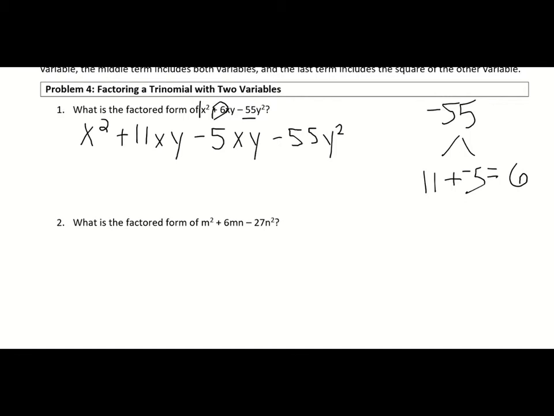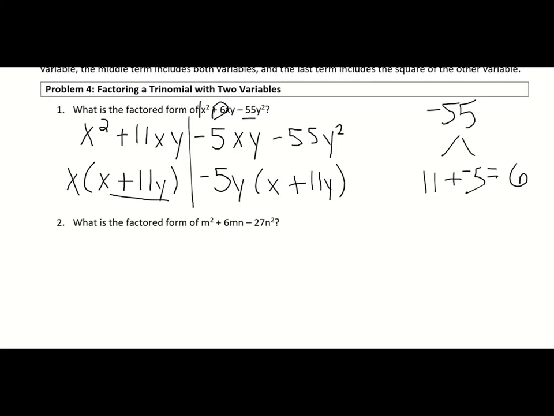The moment I finish rewriting my polynomial, I'm going to cut it in half and factor by GCF. So on the left, it's x, which will give me x plus 11y. On the right, it's negative 5y, which would give me x plus 11y.